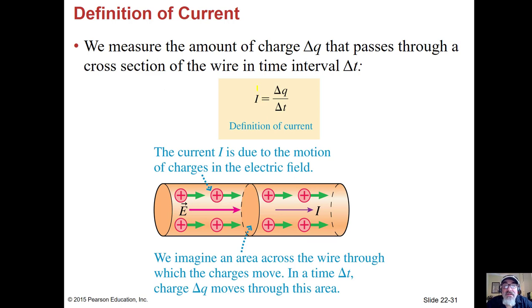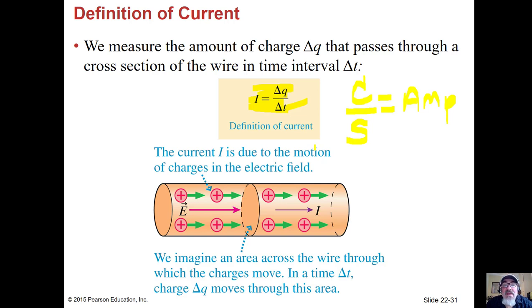So current is the amount of charge in the amount of time, measured in coulombs per second, and we're going to see in a minute that a coulomb per second is a new unit called an amp. A-M-P. Just A for short. Whenever you see current described as amps, don't forget that really means coulombs per second. So I is used for current, delta Q over delta T.